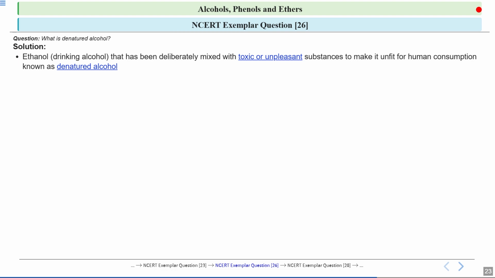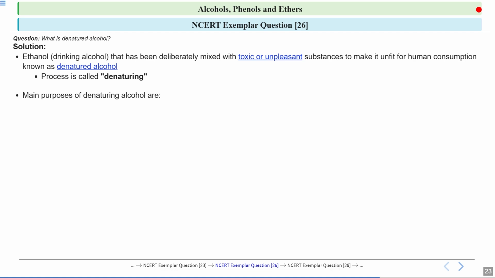These additives make the alcohol unfit for human consumption, meaning it cannot be consumed. This process is known as denaturing. The process of making alcohol unfit for human consumption, or undrinkable, is known as denaturing, because it alters the properties of alcohols.